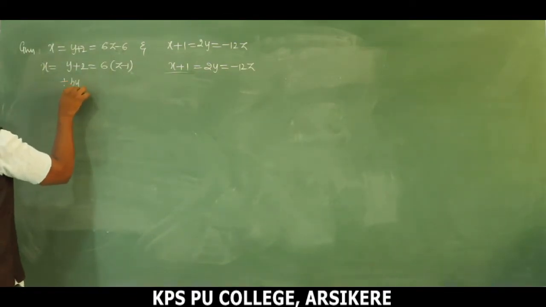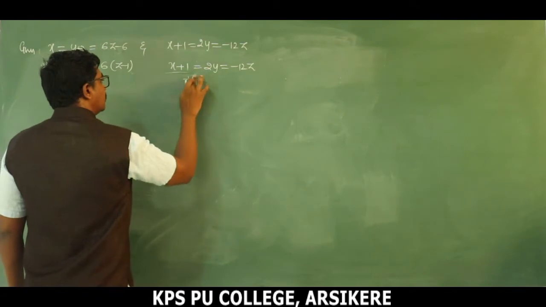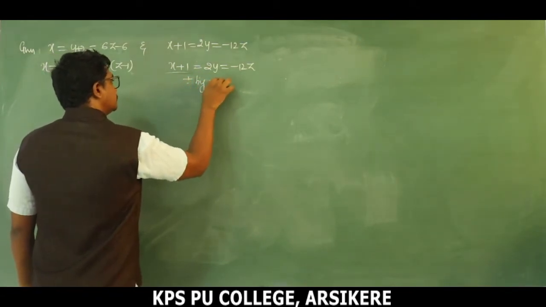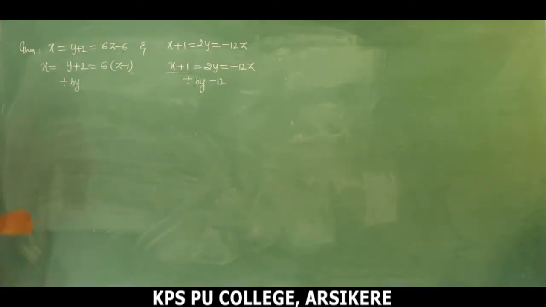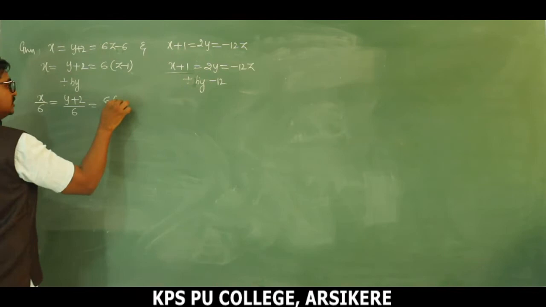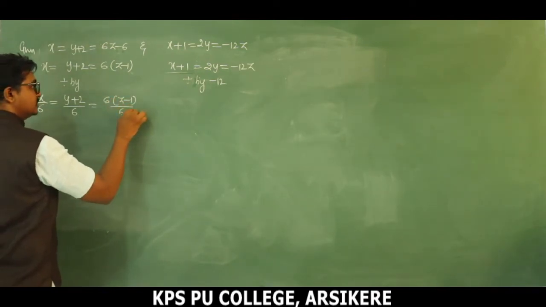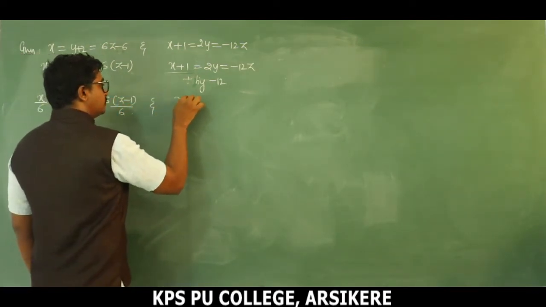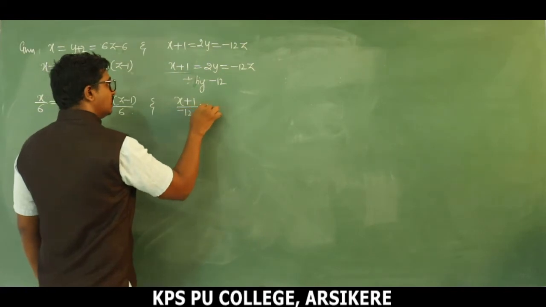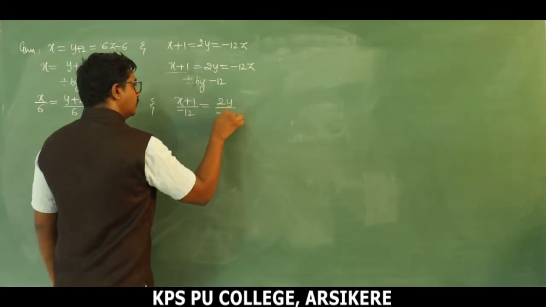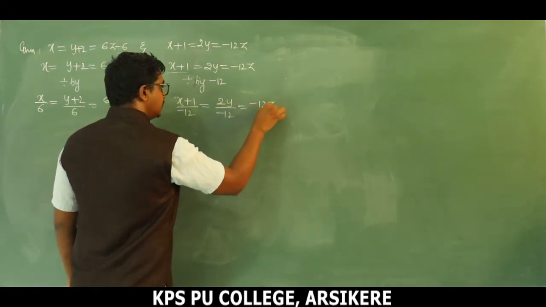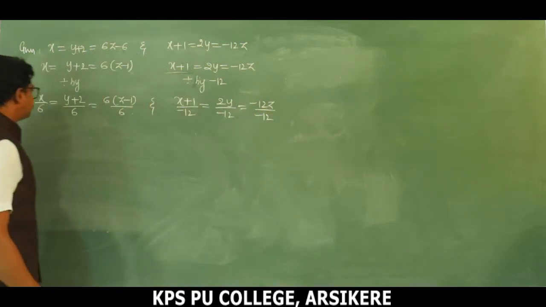Divide by 6 and here divide by minus 12, and this becomes x divided by 6 is equal to y plus 2 divided by 6 is equal to 6 into z minus 1 divided by 6, and this one x plus 1 divided by minus 12 is equal to 2y divided by minus 12 is equal to minus 12z divided by minus 12.